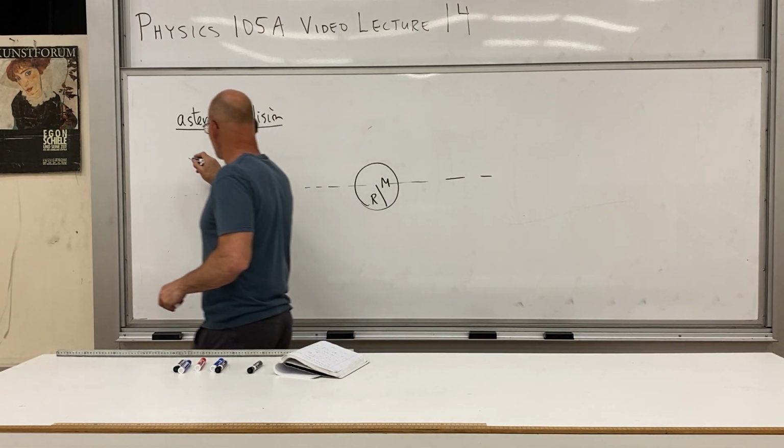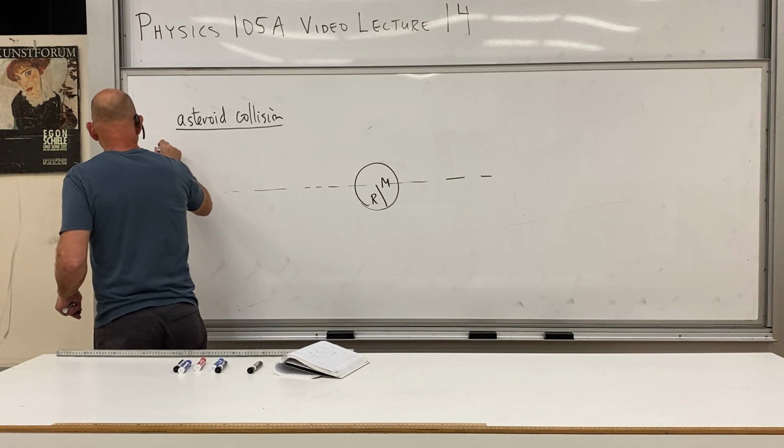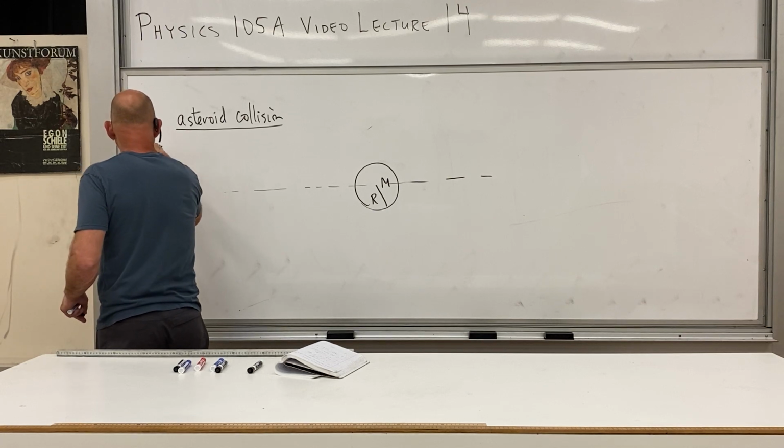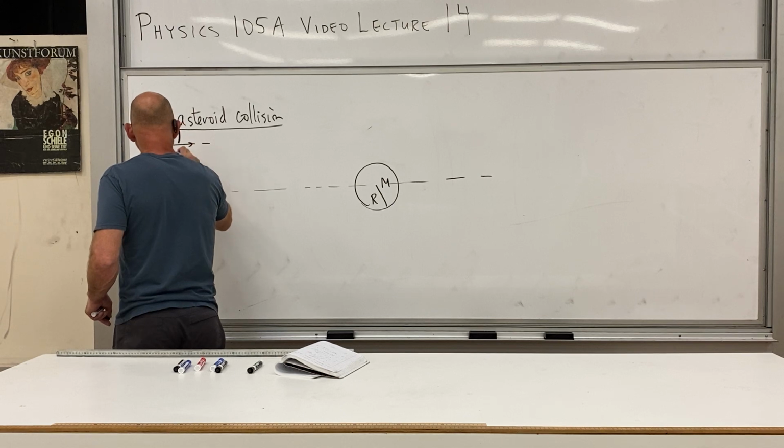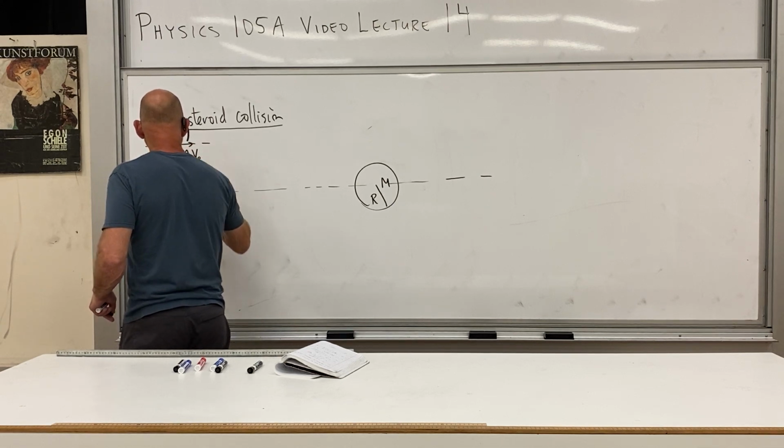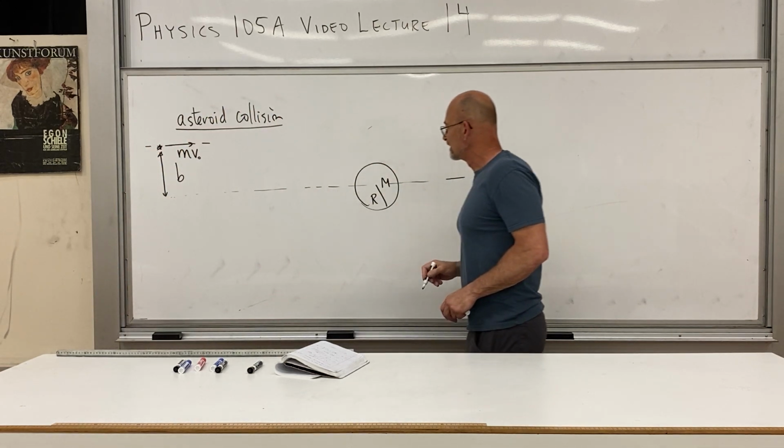And we have something, here's our asteroid, and we'll use this impact parameter b again. So it's coming in this direction, and it's got the mv naught that the other one had.